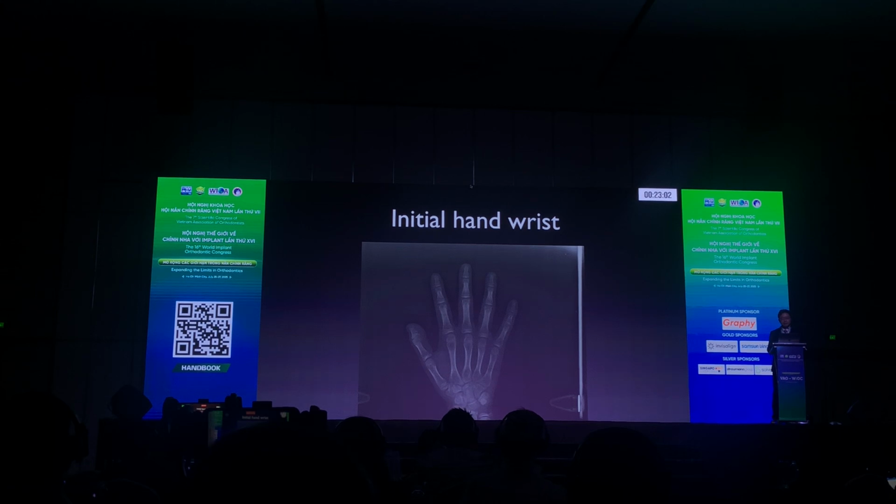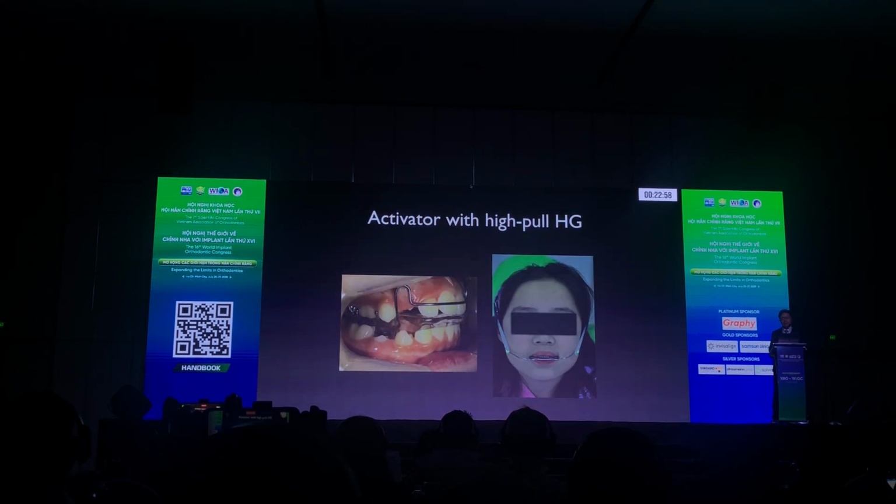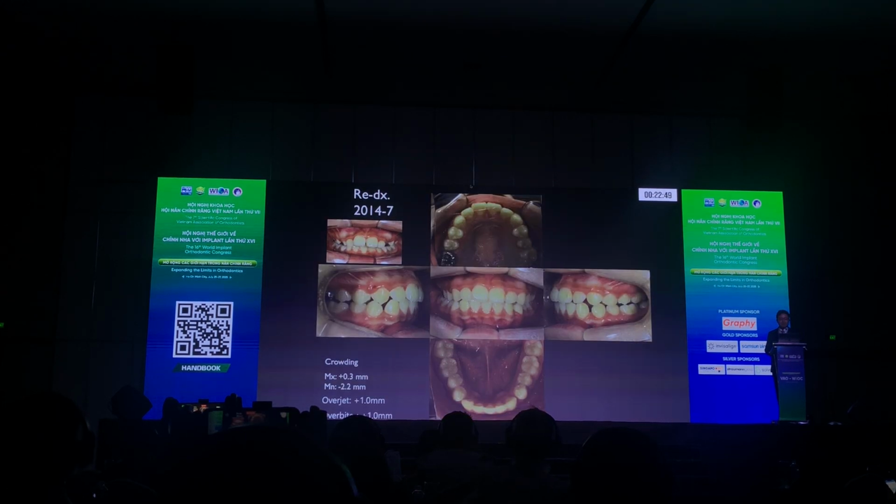A 3 incisor, class 2, very tall. In this case, we can apply some functional appliances with the headgear. Then we can check the mandibular growth. It is lucky. The response is pretty good. After 9 months, mandibular growth is pretty favorable.